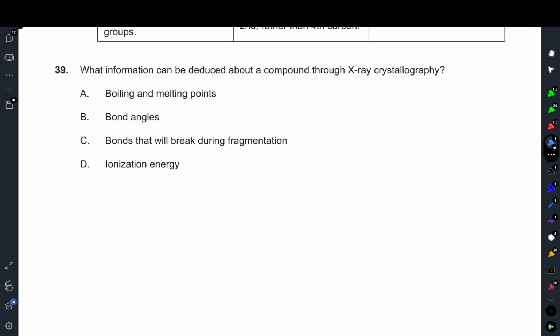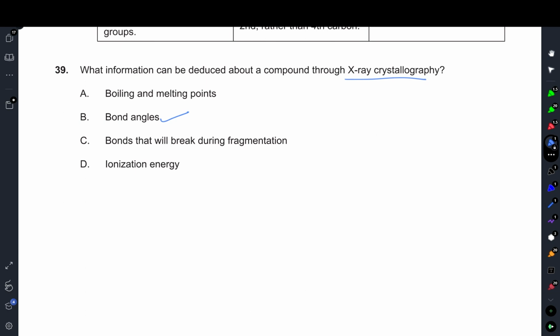Question number 39. What information can be deduced about a compound through X-ray crystallography? X-ray crystallography gives you bond angles and bond lengths. So if you think about something like the structure of DNA that was found through X-ray crystallography, this is for those bio students that are watching this video right now.